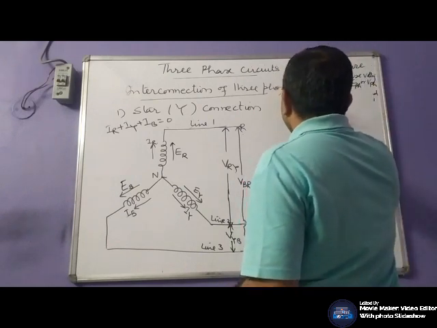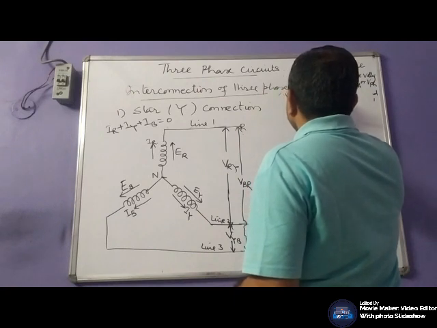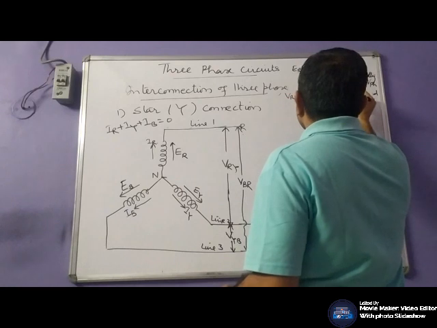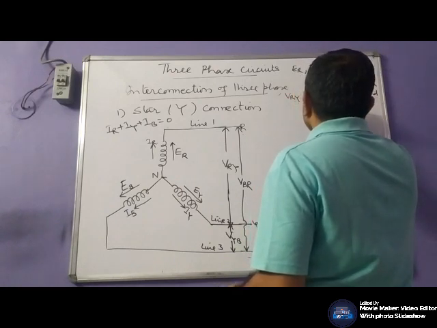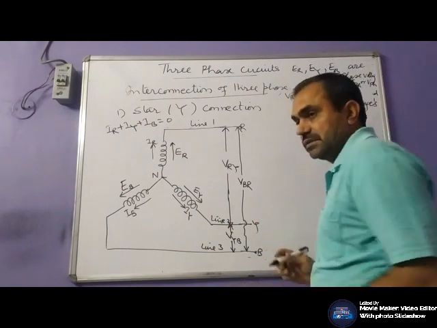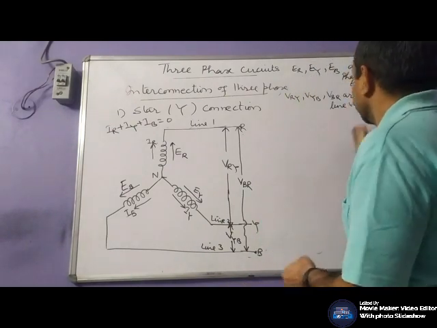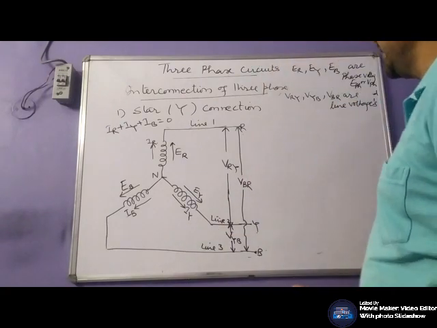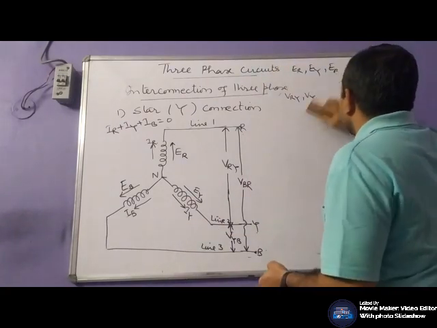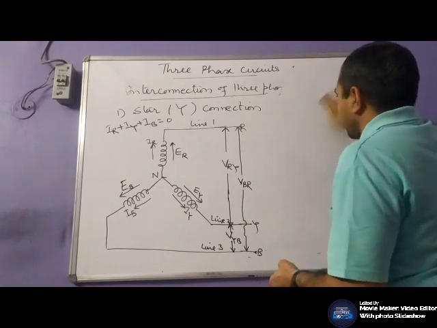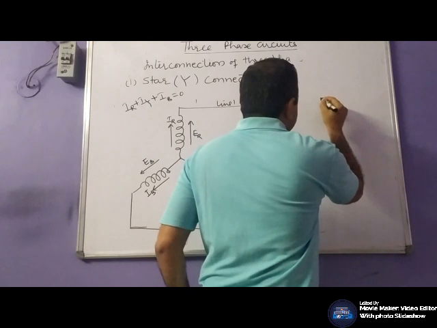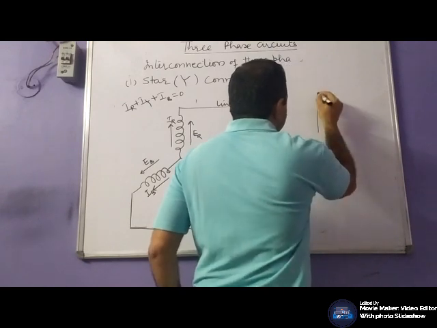Likewise, your VRY, VYB and VBR are line voltages. So let us draw the phasor diagram for the star connected connections, the voltages and currents in a three-phase system.